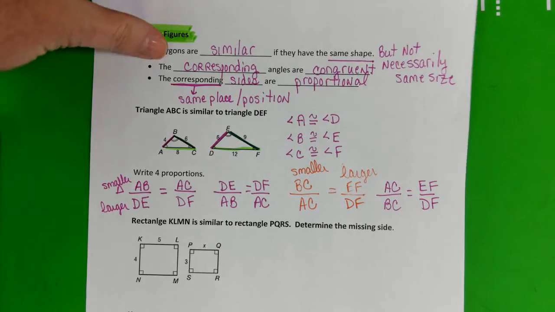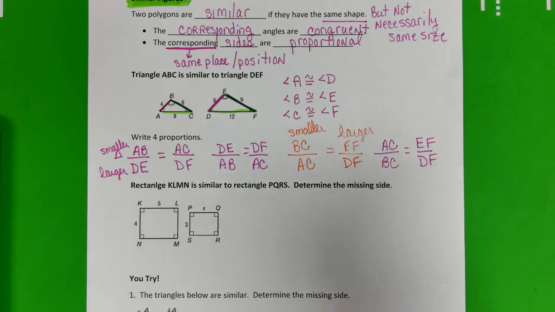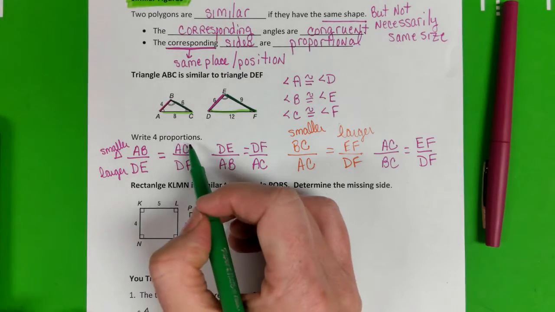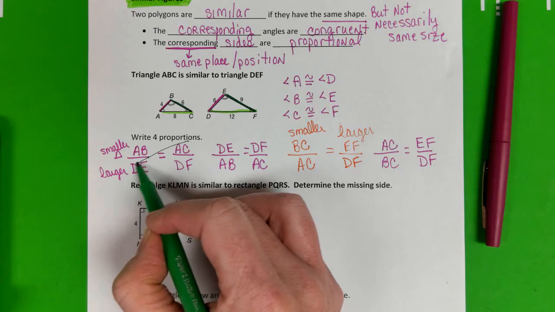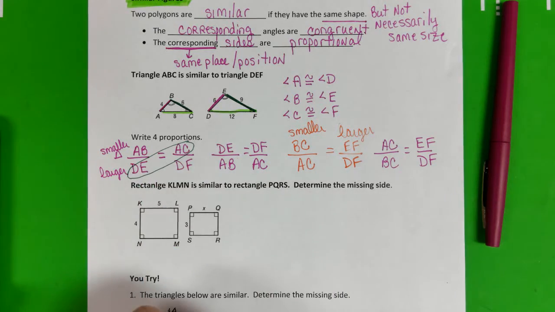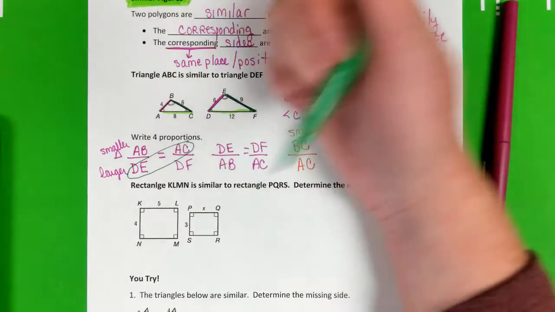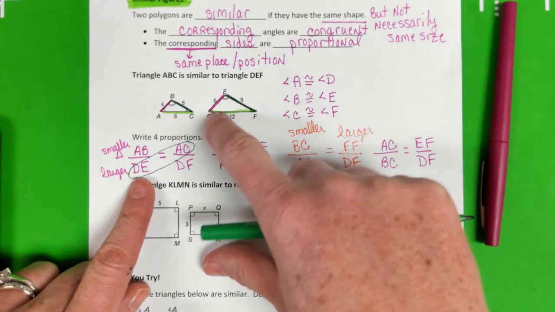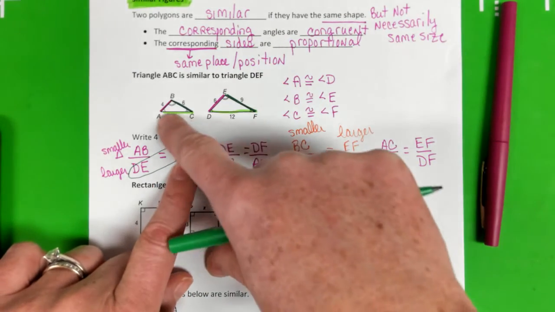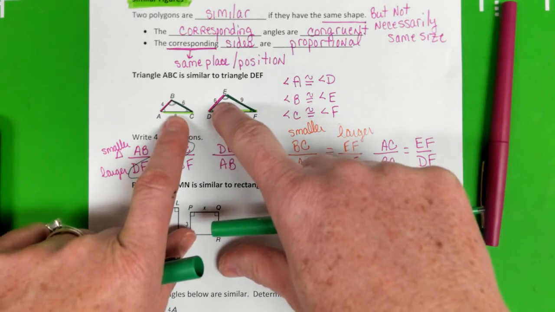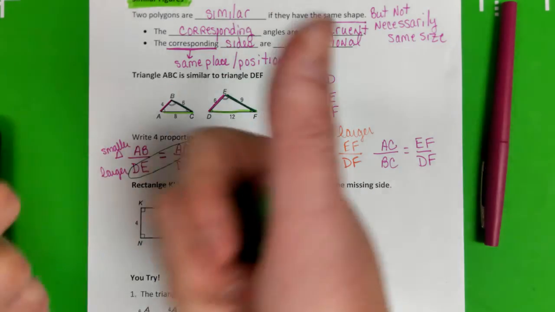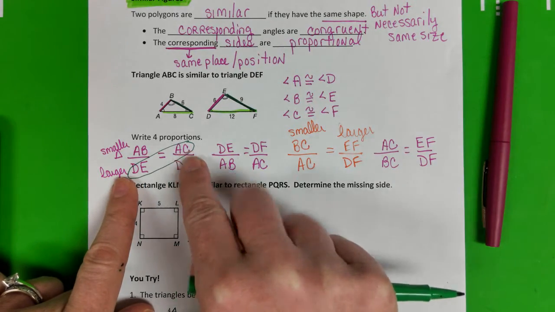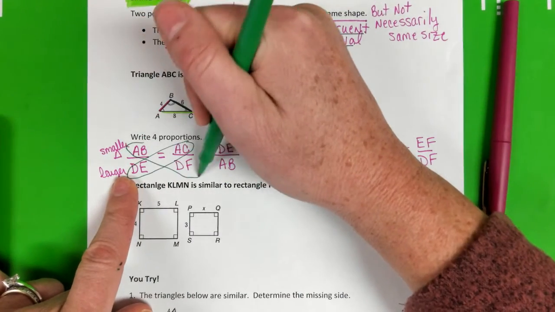One thing I want to tell you is that when we're looking at these proportions, we don't want the ones that are diagonal to be corresponding sides. Like DE and AC, pink and green, they're not corresponding. So that's good. We don't want those to be corresponding sides.